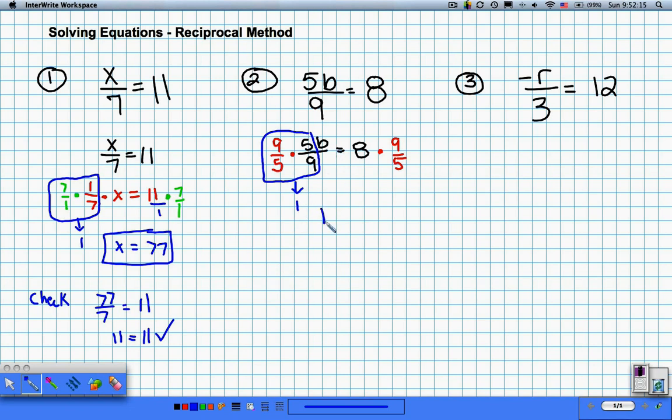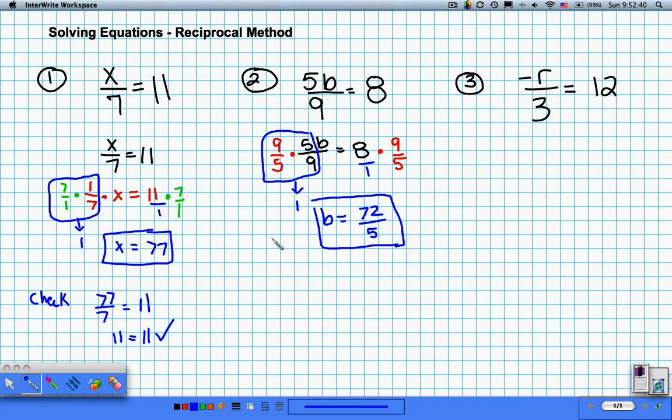So I'm left with b on the left, and let me make this a fraction. I'm going to get 8 times 9, which is 72, over 5, and this is an improper fraction. The book may want you to turn it into a mixed number or leave it as an improper fraction. We're going to just leave it improper for right now.